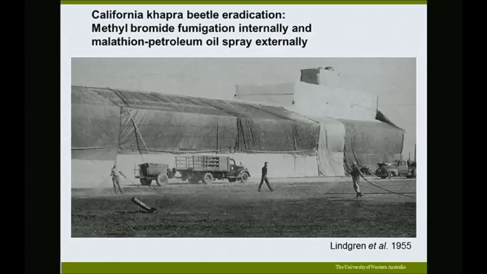What did the Americans spend over $100 million on? This pest was so bad that they applied methyl bromide, which is a fairly nasty chemical, internally on their grain silos, and they dug earth for about 30 to 100 metres around the grain stores and applied something equally unpleasant to that.